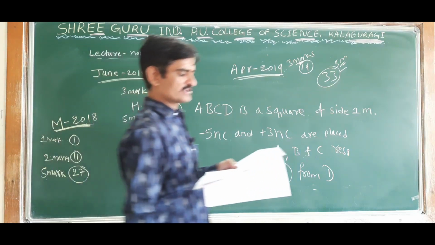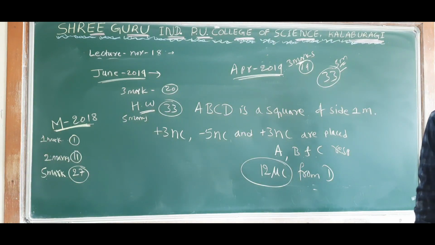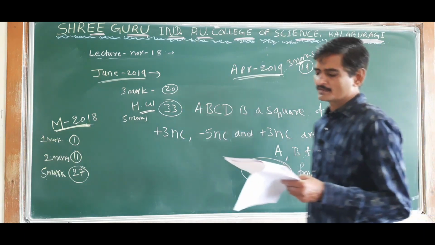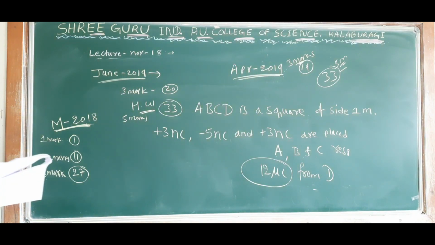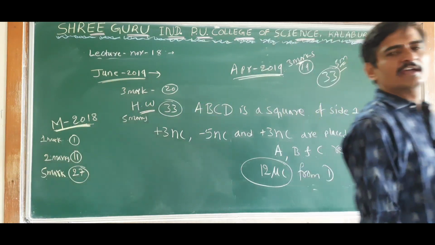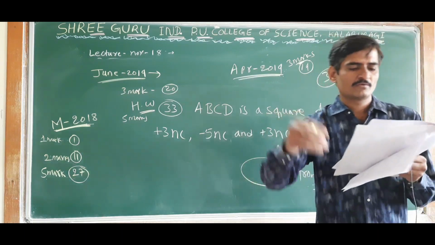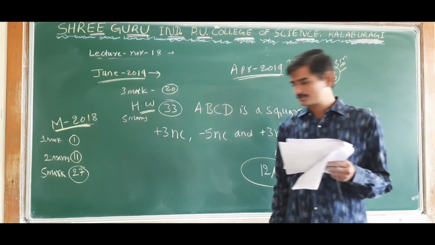Define electric potential due to a point charge and arrive at the expression for the electric potential at a point due to a point charge.